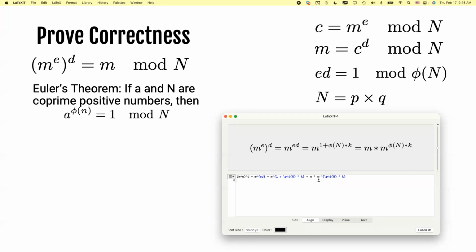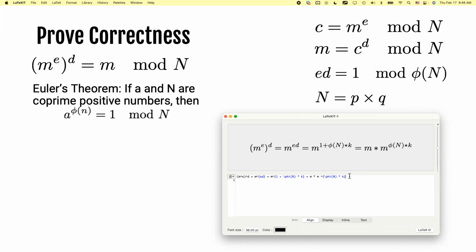But for now, let's make it simpler. Let's assume that m is co-prime with p and co-prime with q. That means m is also co-prime with n.